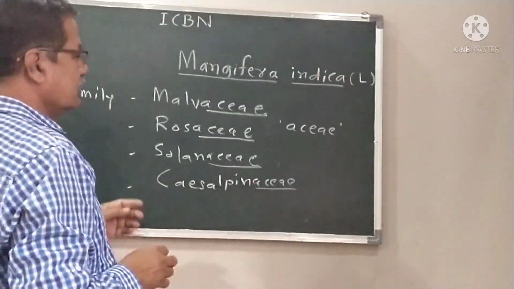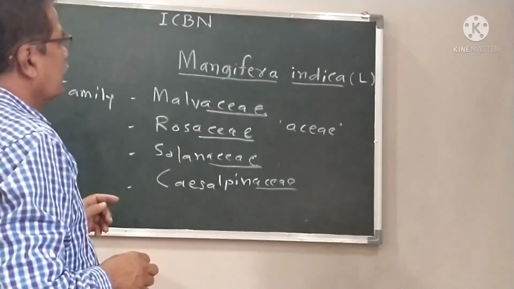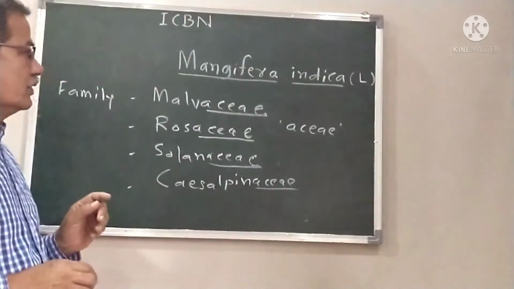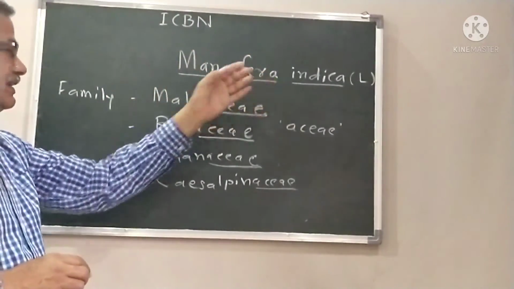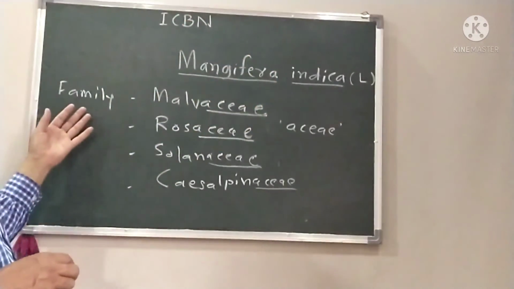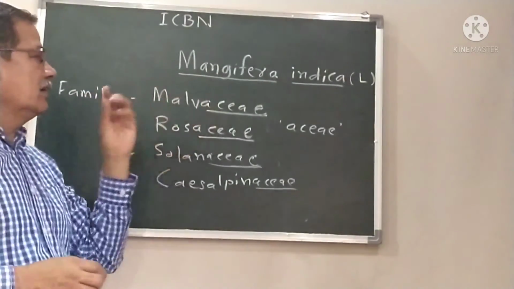These are the rules and regulations of the International Code of Botanical Nomenclature for giving the name to the plant: genus name, species name, its authority, and also the family name, according to the order given, Malvaceae.